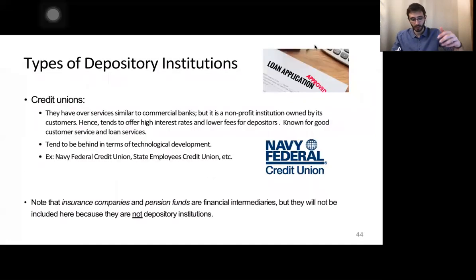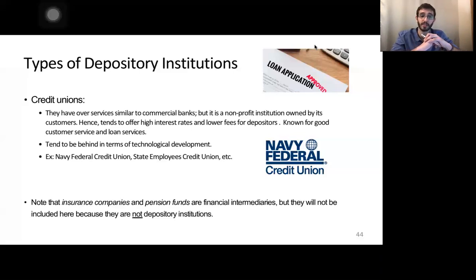Okay, the one that is even more different from commercial banks is credit unions. Okay, because rather than potentially being corporations or mutuals, this is straight up a nonprofit organization. Okay, so it's owned by its depositors. So if you're a depositor there, you pretty much own the credit union as well, and they usually tend to be very group specific.